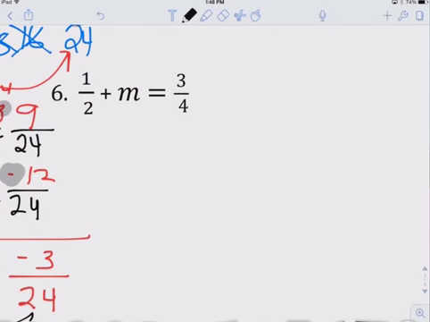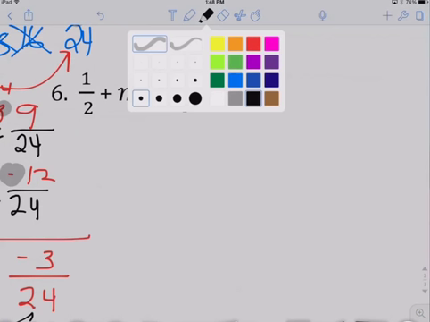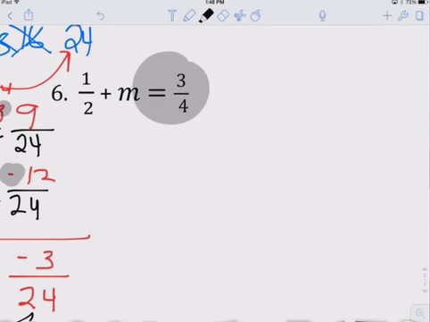Number 6, remember, we want to pretend the side without the variable right here is not there. In class, I cover it up with my finger.